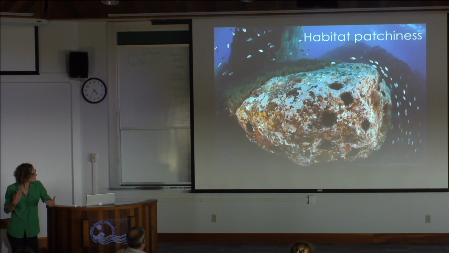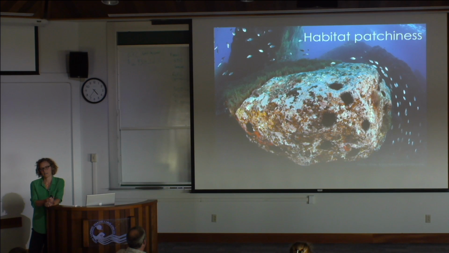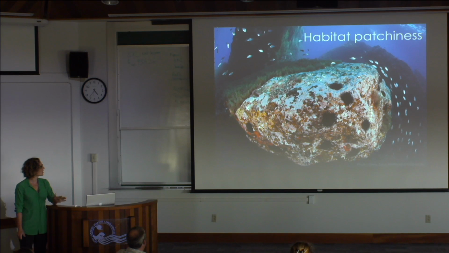Urchins come in, they graze down those fleshy turf algae, and they create space for either competitively inferior species to colonize and persist, or open space for those crustose coralline algae to thrive. Given that sea urchins are calcareous and we're worried about how they might deal with acidification, and given the patterns that we're seeing at this site where there's this increased dominance of the fleshy turf algae, we wanted to know how acidification affects the habitat patchiness of the ecosystem.